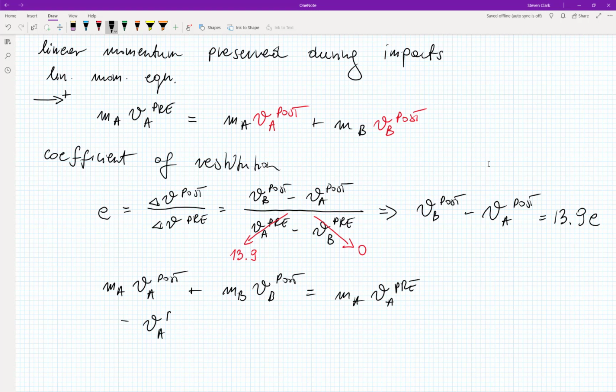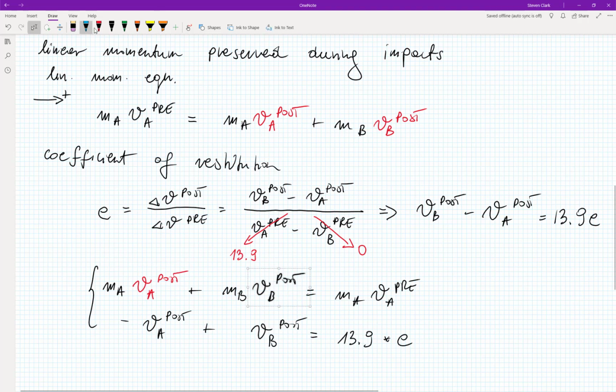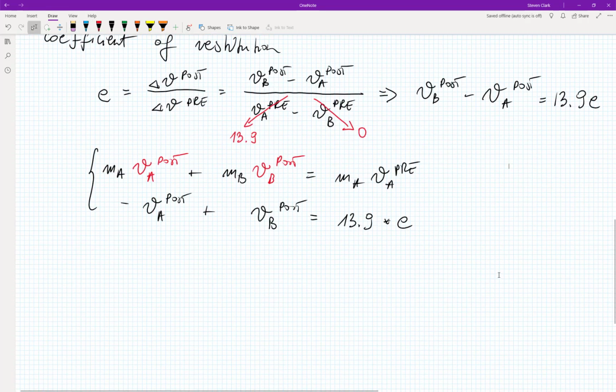Minus VA post plus VB post, and this is equal to 13.9 times E. Clearly we have two unknowns. This is not known, and this is not known. And these are two linear equations. So let's plug in values and solve it.